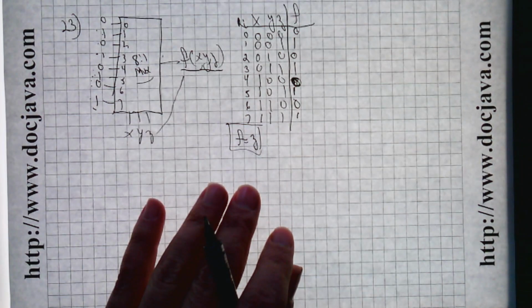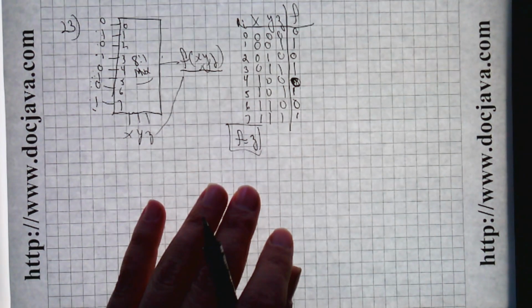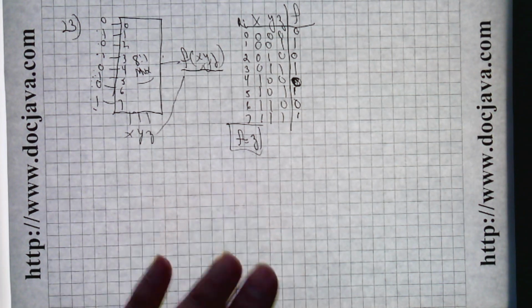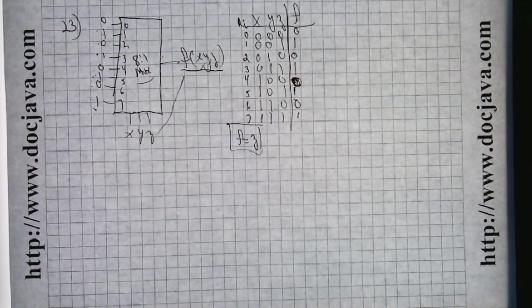Want to ask any more questions? 29. We just did 29. They want to know, didn't we just do 29? They want to know what goes in the, yeah, we did it.